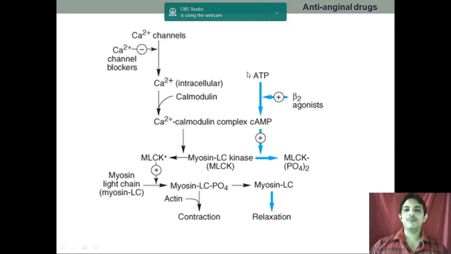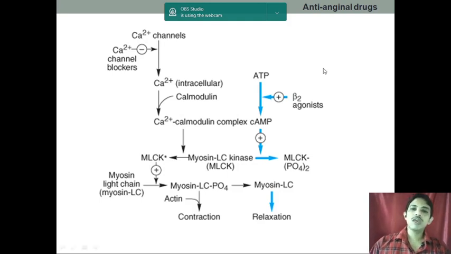Another thing, ATP forms cyclic AMP. Cyclic AMP is also responsible for the myosin light chain kinase, and that may be responsible for the contraction. Another thing, if you remember, in the last class on hypertension, beta 2 is responsible for the dilation of blood vessels.